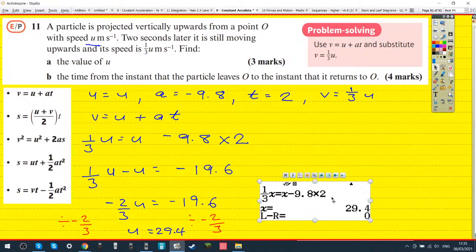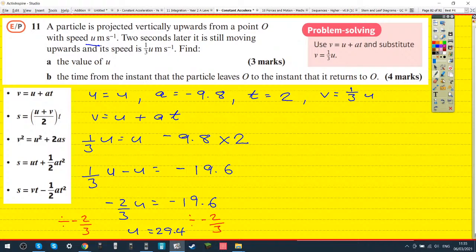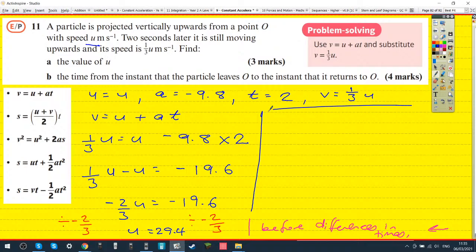Okay, and B. So initial velocity would be 29.4 and final velocity would be minus 29.4.